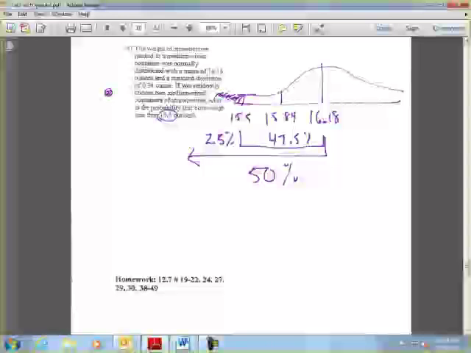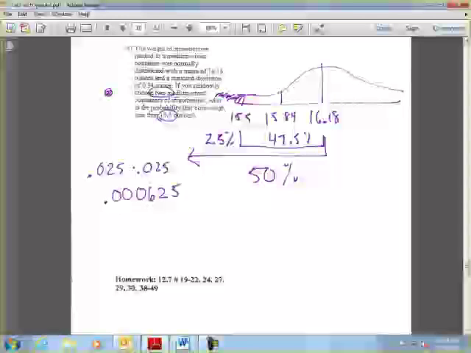But our question asks us, what is the chance that that's going to happen to us twice, that I select 2 boxes? So 0.025 for the first box, 0.025 for the second box. And we multiply those together to get 0.000625.